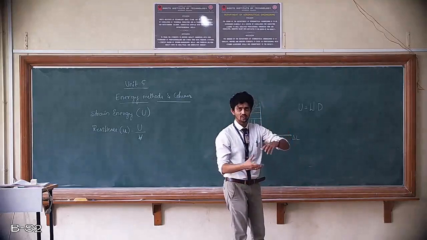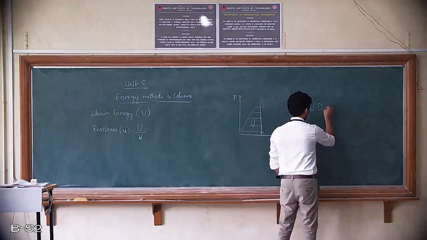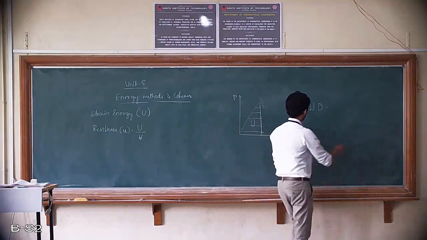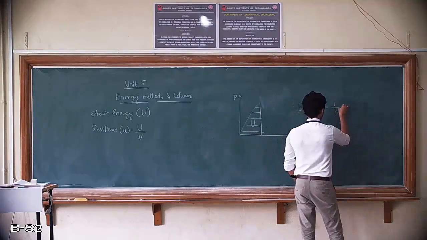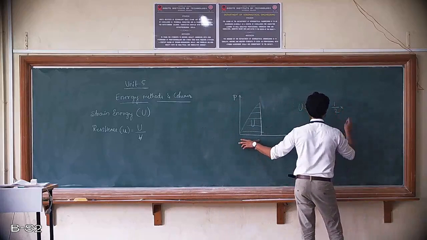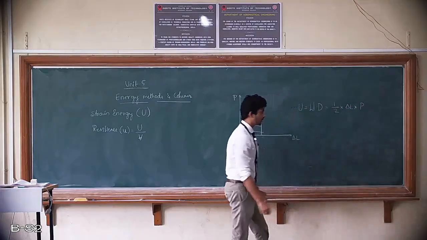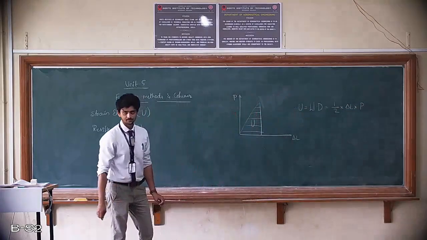That is the area under this curve, which looks like a triangle. So half times the width, delta L, times the height, that is P. This is how we define the strain energy.